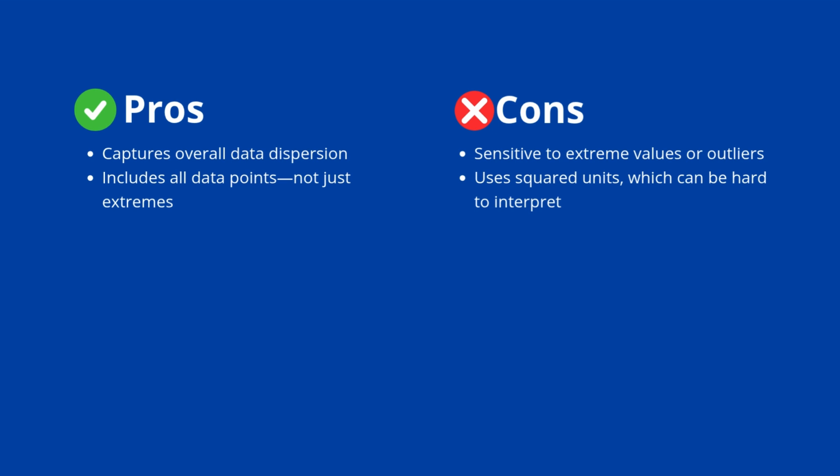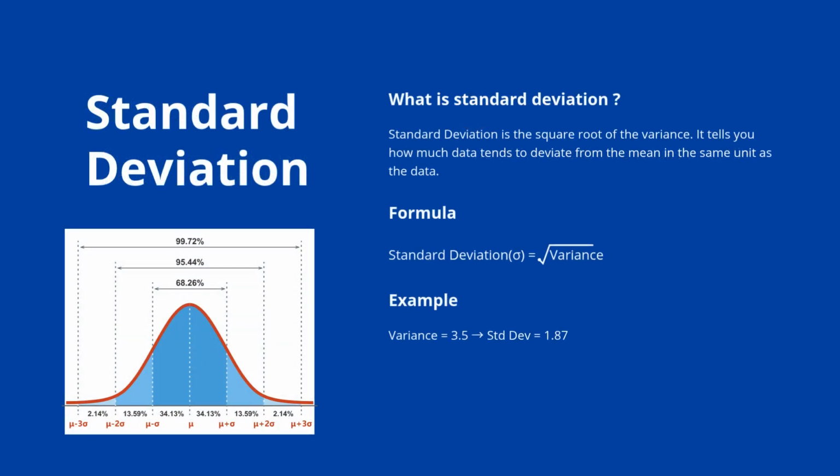Now let's see standard deviation. What is standard deviation? Standard deviation is the square root of the variance. It tells you how much data tends to deviate from the mean, in the same unit as the data. Like I said earlier, with variance we get very huge values.